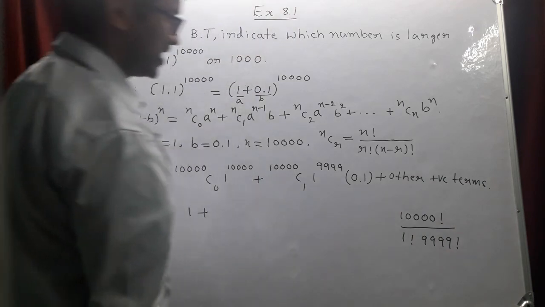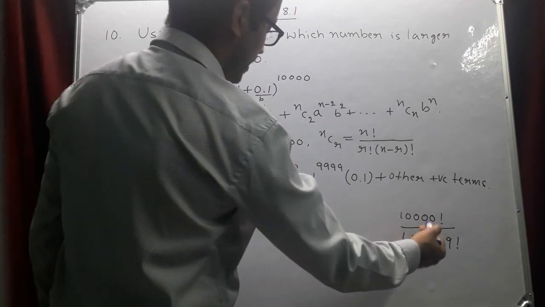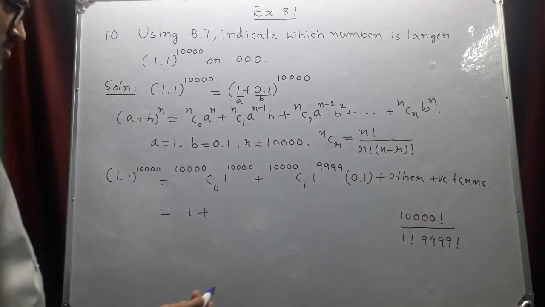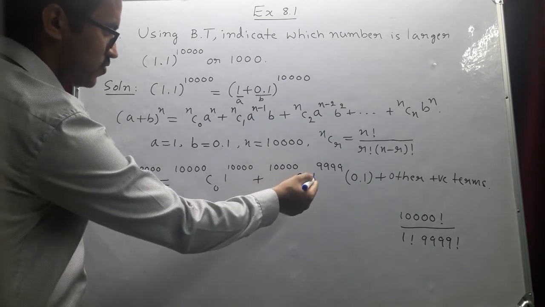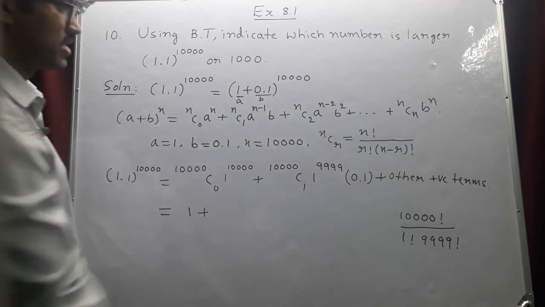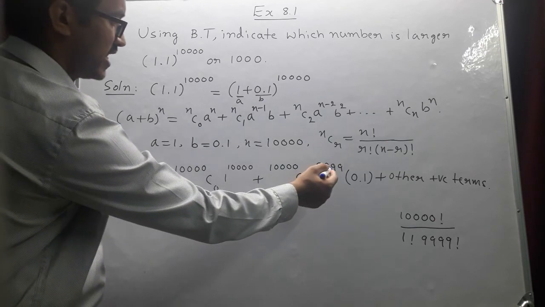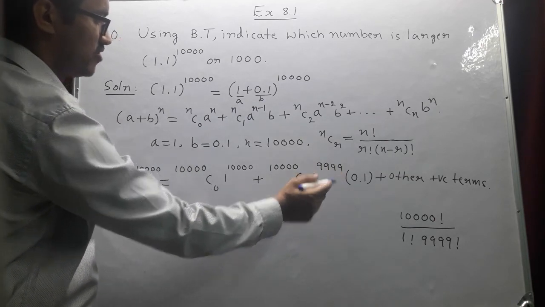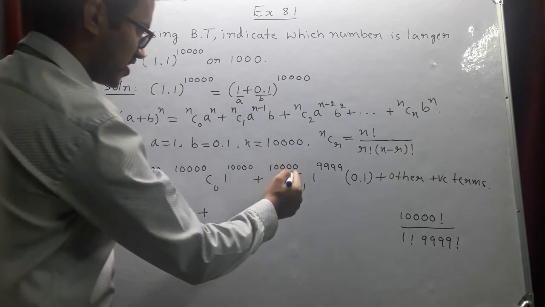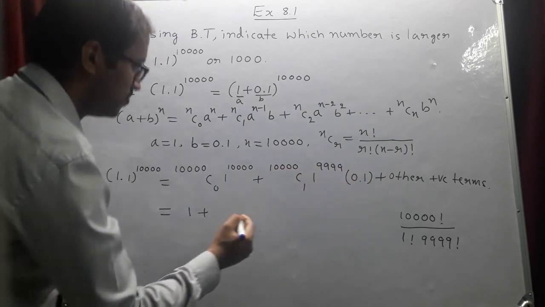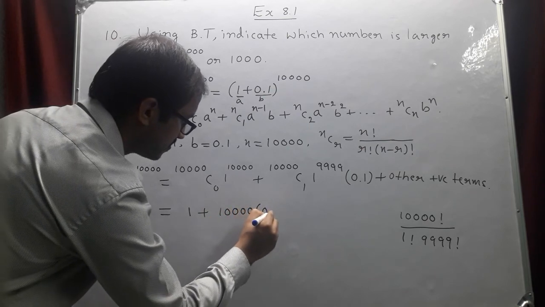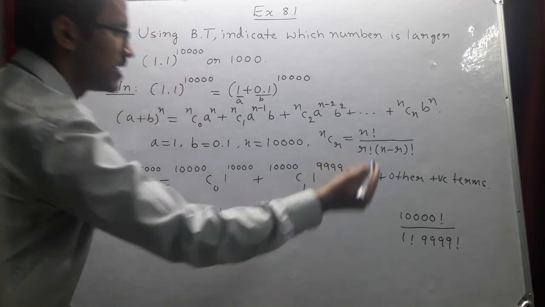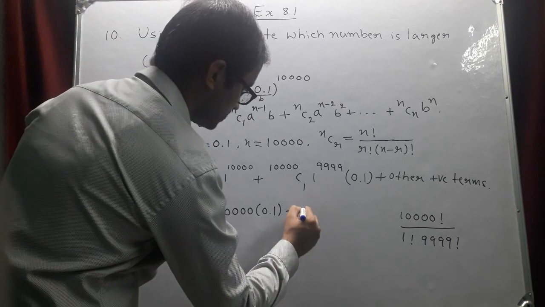So these two will get cancelled. So the answer is 10,000. So this value becomes 10,000 into 1 power 9,999, so this value is 1. So what we can write? 10,000 into 0.1 plus other positive terms.